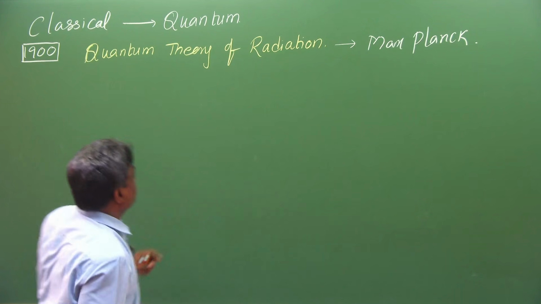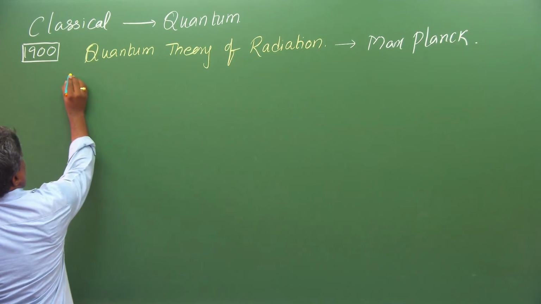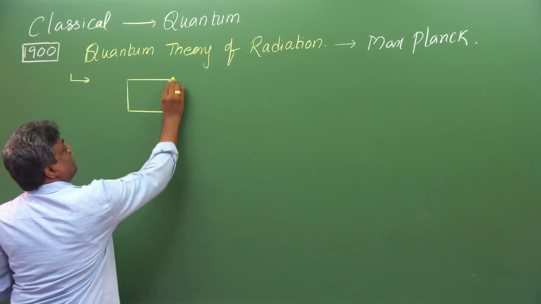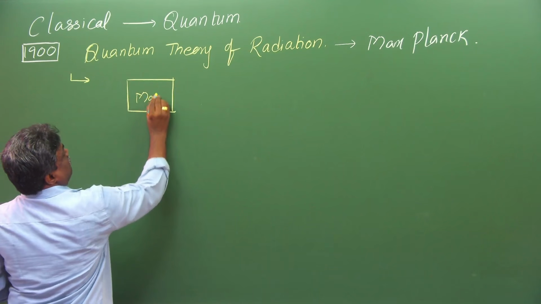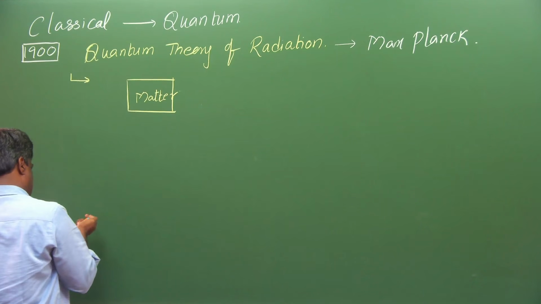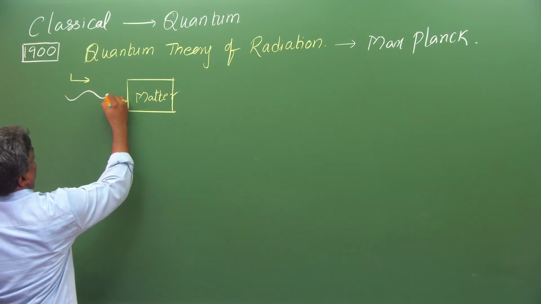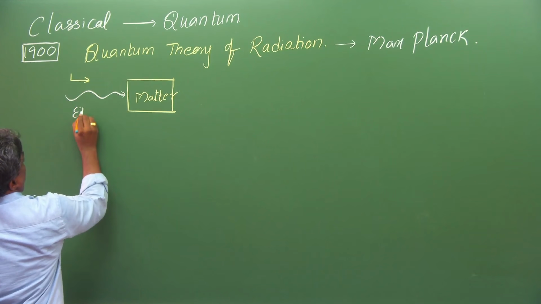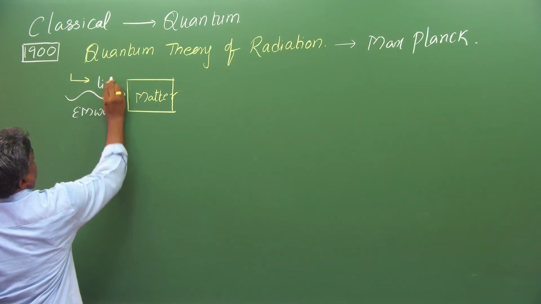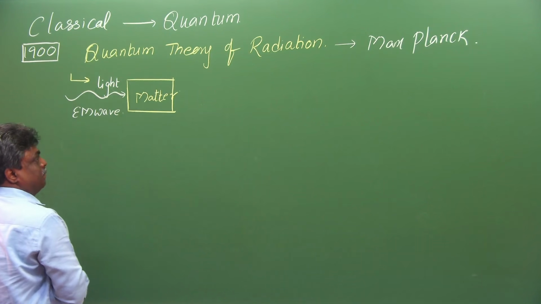Once again. According to this quantum theory of radiation, whenever you have matter, and you are sending a probe, that means a wave, which wave? Electromagnetic wave, just like light.